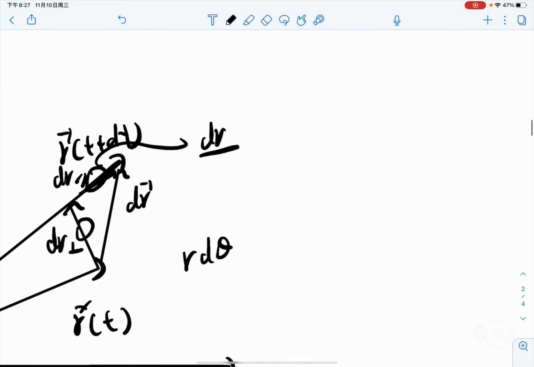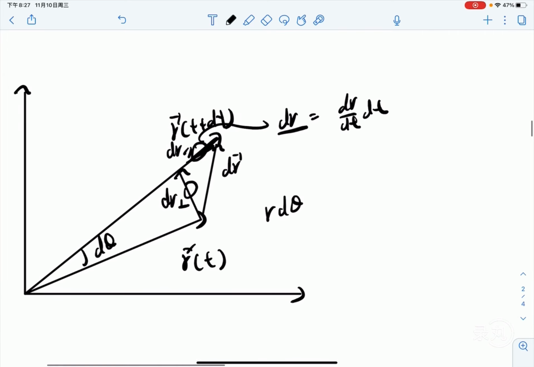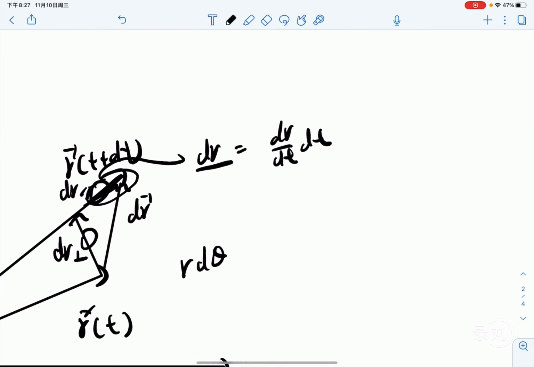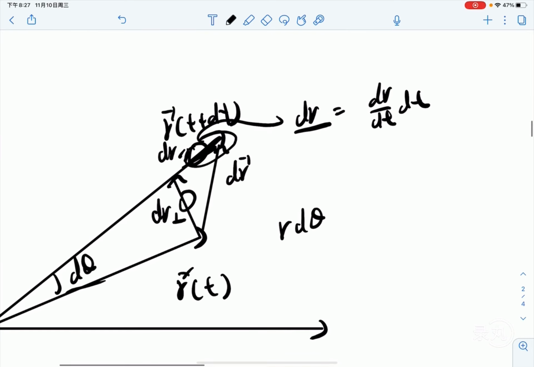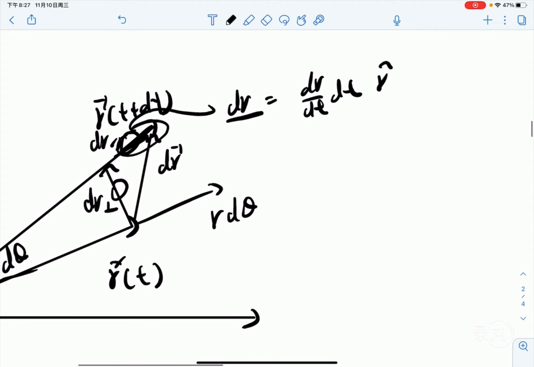And we know that it is also dr dt times dt. Okay? And the direction of the change, if d theta is getting really small, it is just the direction of the r. So it times r direction, and this direction times theta.